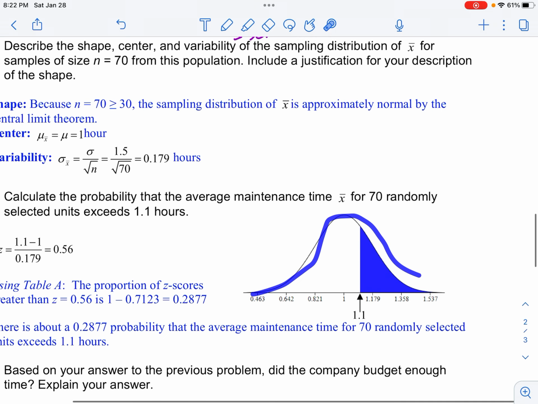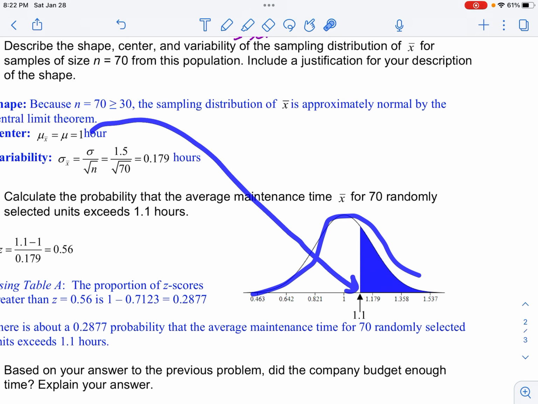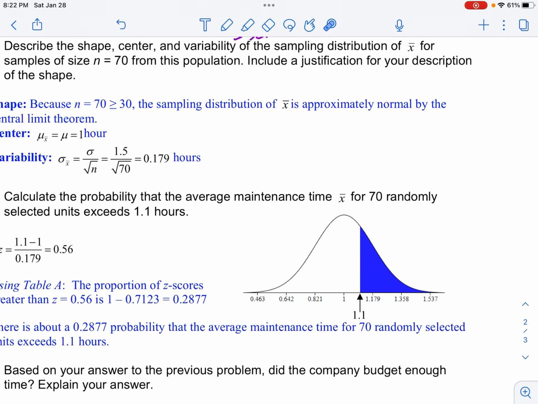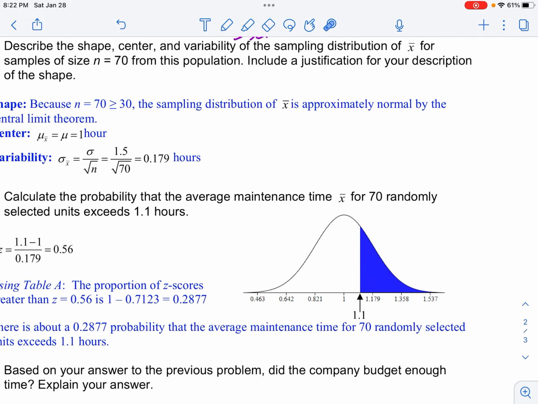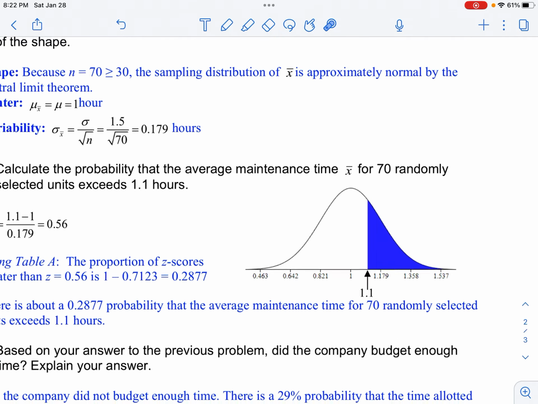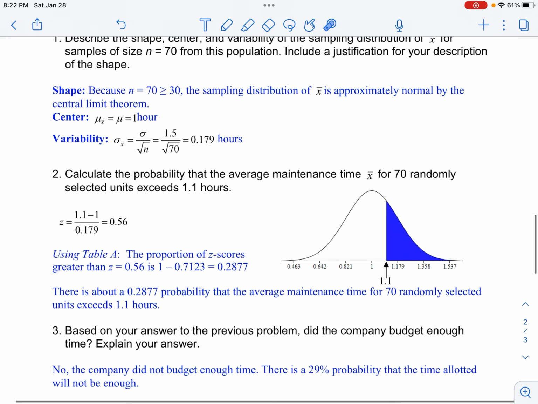We just found the information up here. 1 hour is the center, right? And they're counting up and down every line by, you can't see blue on blue, can you? By 0.179, and then plus 0.179, plus 0.179. So just sketching this right here is super helpful. I can tell right away just by sketching it that it's a decent probability. Without even looking at it, I'd say this is 25, 30, 35% or something like that.